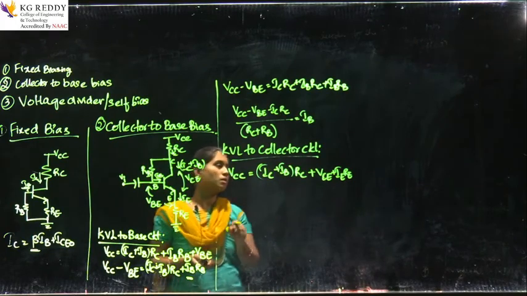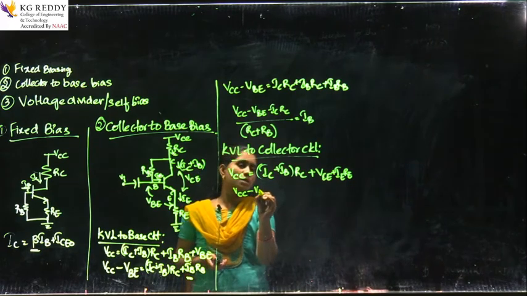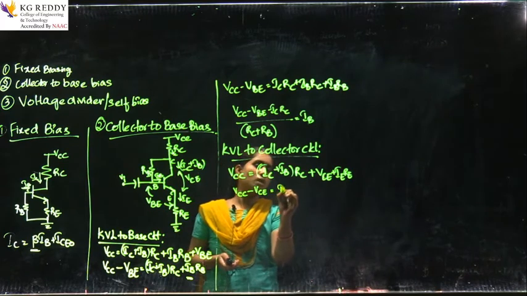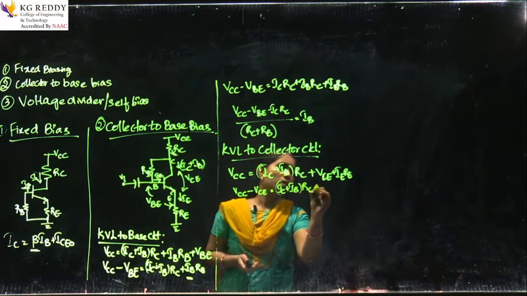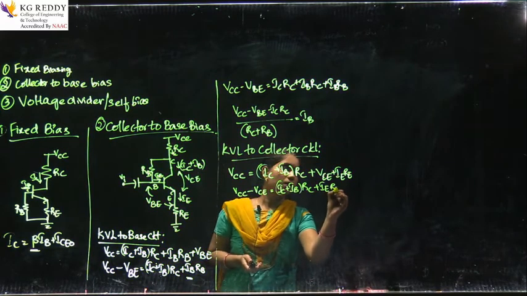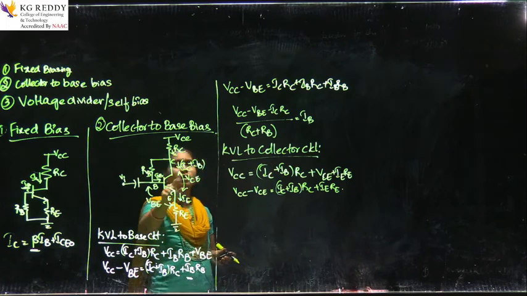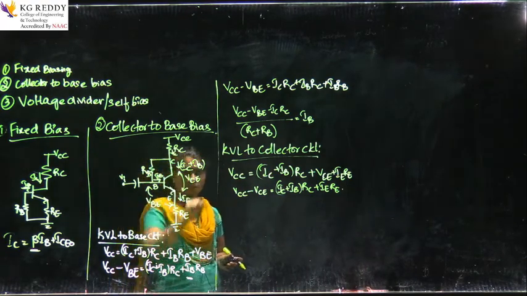Now, from this we can write VCC minus VCE equals (IC plus IB) into RC plus IE RE. It means that from this equation we can directly say that as temperature varies, the collector current varies.